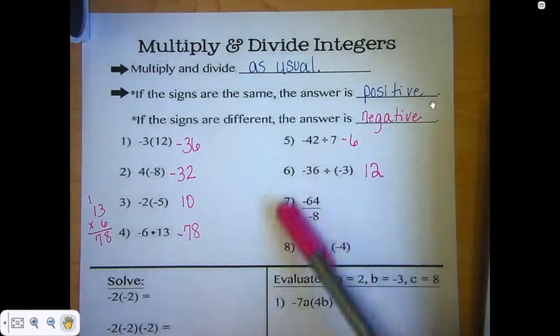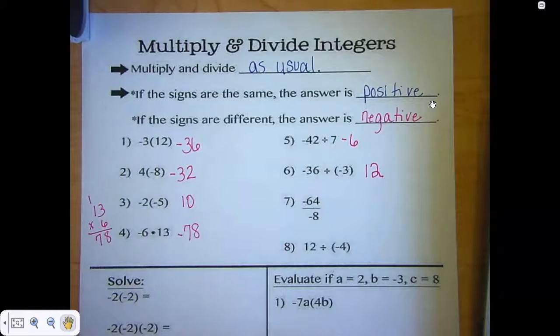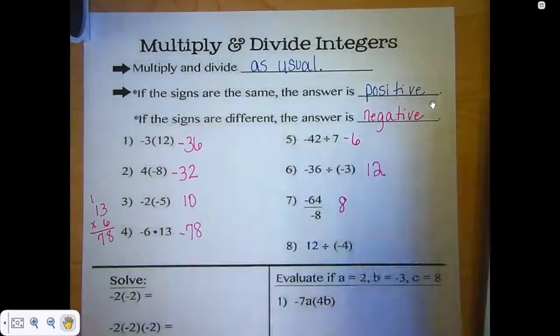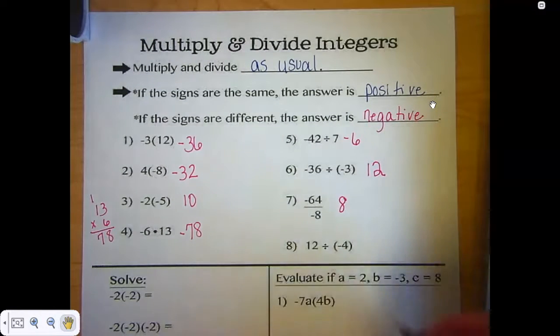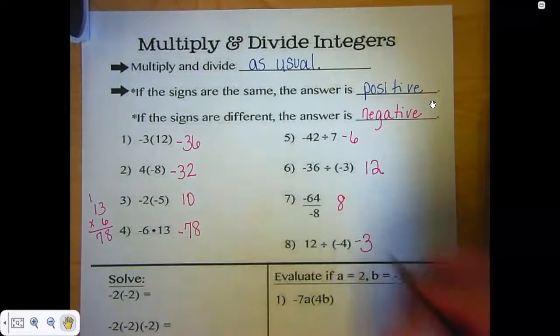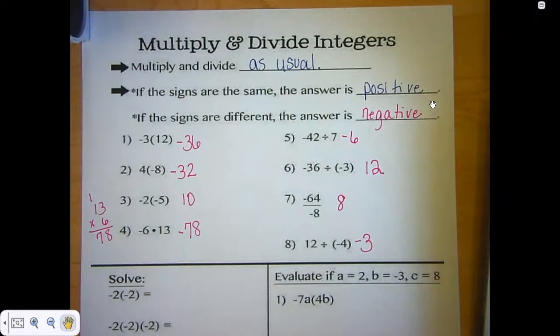It is still division. 64 divided by 8 is 8. The signs are the same, so the answer is positive. And 12 divided by 4 is 3. The signs are different, so the answer is negative. Anybody have any questions about that top part?